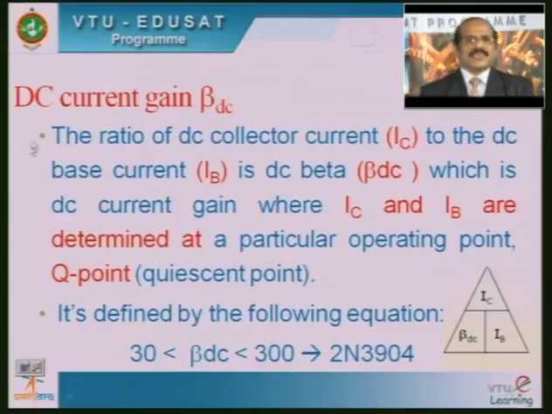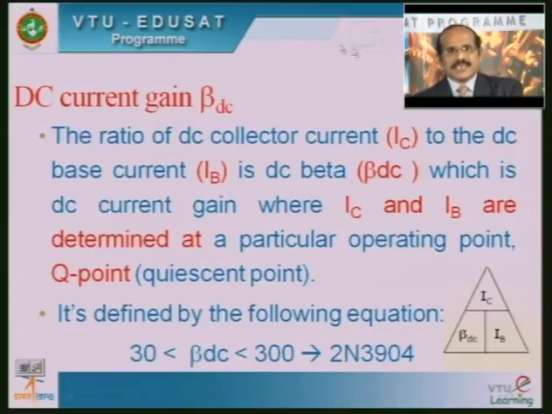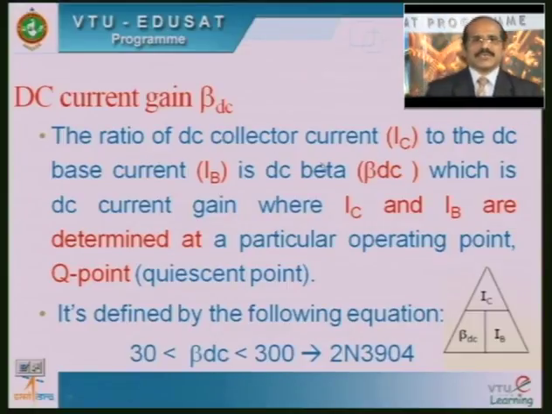Let us also see the DC current gain, called beta DC, that is the common emitter DC current gain. Current gain is the ratio of output current to input current. In common emitter, the output current is the collector current and the input current is the base current.